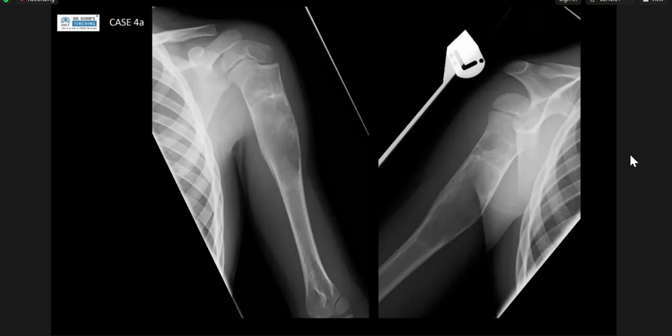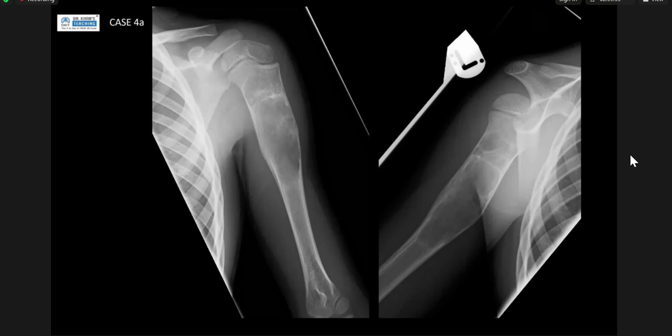Aneurysmal bone cyst, ABC. Okay, so we've just seen an aneurysmal bone cyst, and they tend to be eccentric, so this is fairly central. Yeah. And predominantly within the diaphysis, extending into the metaphysis proximally, I guess, but it's predominantly within the diaphysis. So again, any other ideas?